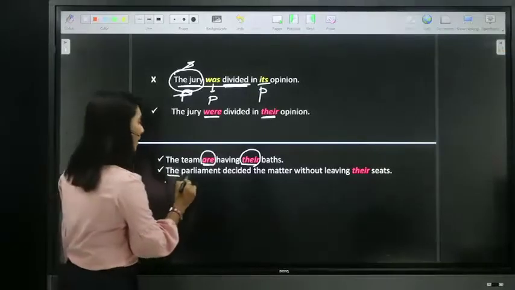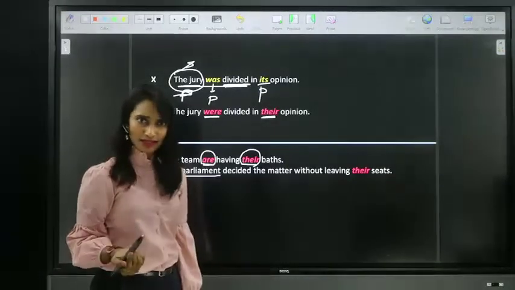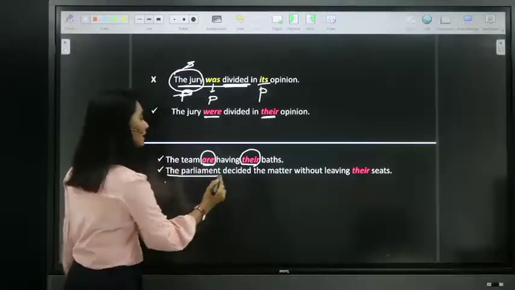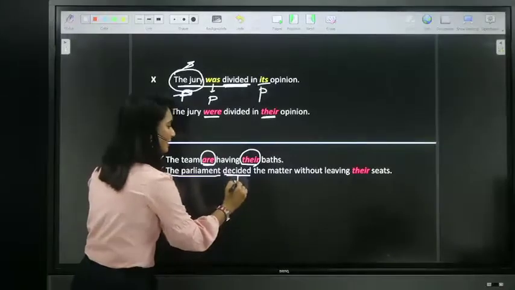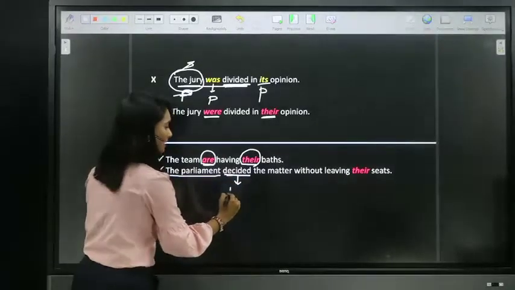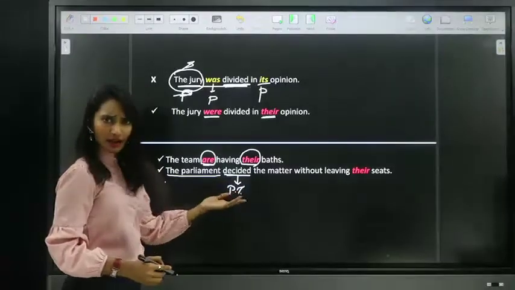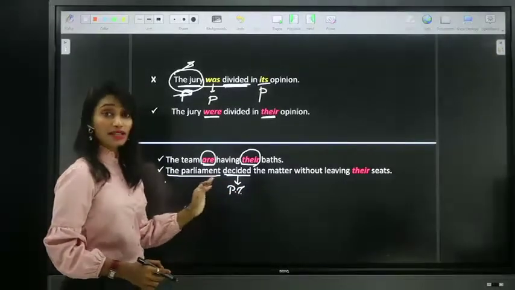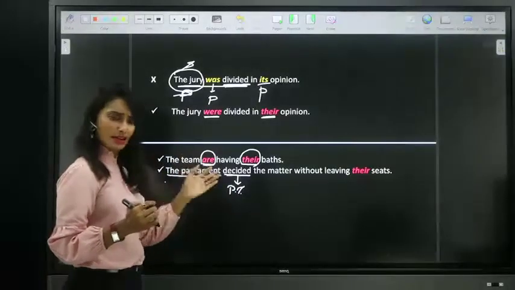Look at this one. The parliament. What is parliament? A group of ministers, right? The parliament decided. Here you guys see, decided is a verb in past tense. In past tense, it can be either singular or plural, the same form. Only in present tense we have different forms. In past tense, all three have the same form.